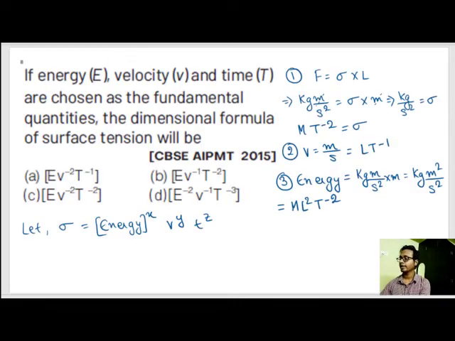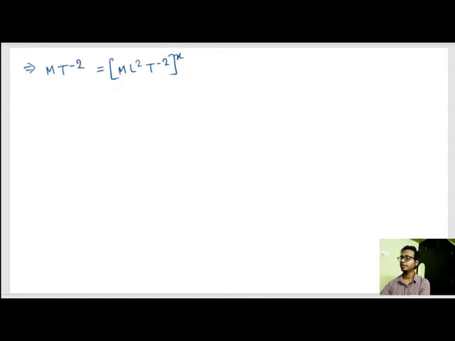Okay, velocity to the power y, that means L T minus 1 to the power y, and T to the power z. So applying Rayleigh method, we get on the left hand side for M, 1 is equals to x plus 0 plus 0. So you already get x equals to 1.